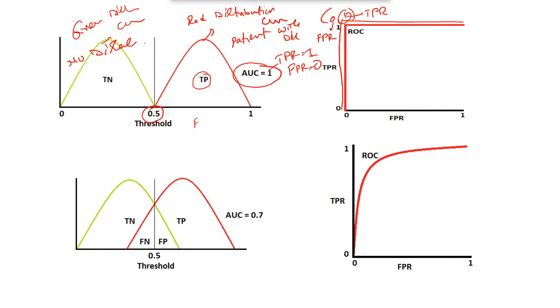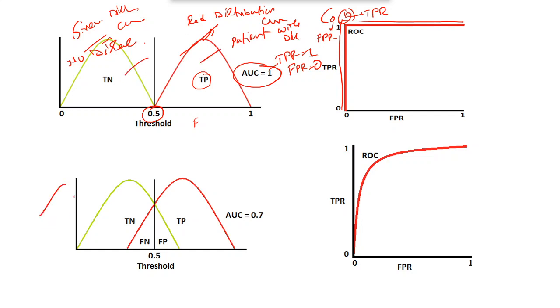This diagram is the ideal situation. The red curve and the green curve do not overlap each other, so the model clearly separates true negatives and true positives, perfectly distinguishing between the positive classes and the negative classes.